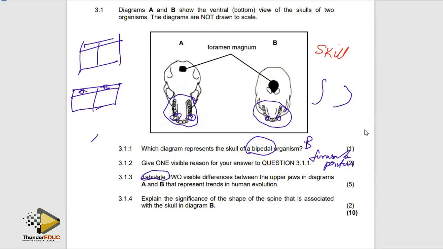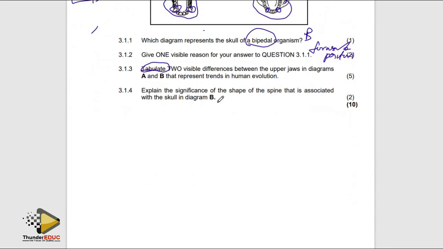So you get 2 marks for the differences and 1 mark for the table. Then they're saying explain the significance of the shape of the spine. I talked about it. That is associated with skull B. What is skull B?